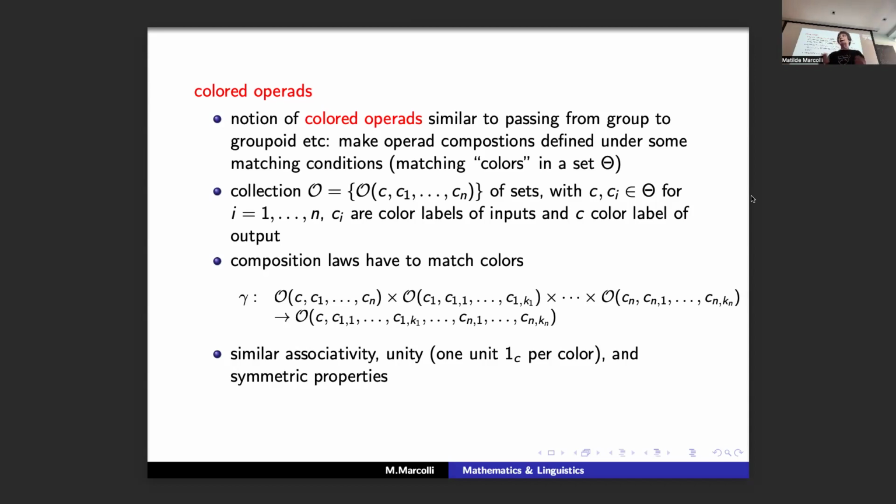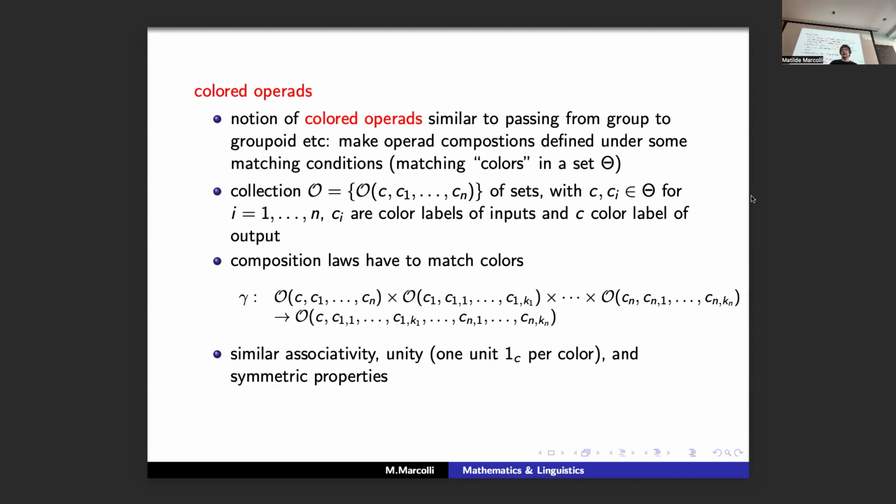In a group, every element multiplies with every element with no conditions. In a groupoid, the elements are like arrows, so they compose only if the target of the first arrow is the source of the next one. So there's a compatibility of something that has to match. In the case of a groupoid, it's target and source.